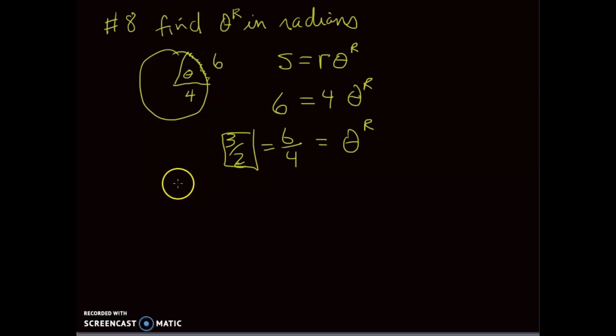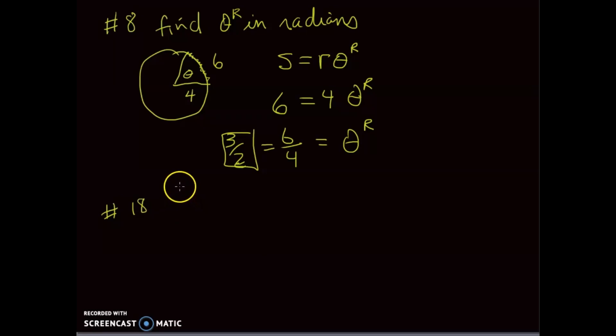Next, number 18. Directions: find the length to 3 significant digits for each arc intercepted by a central angle theta in the circle of radius r. So 18, what do they give us?